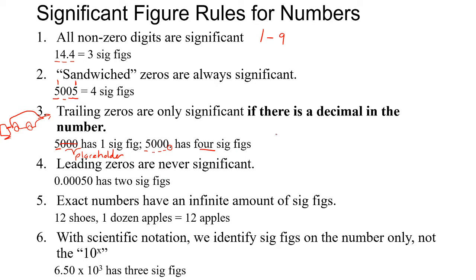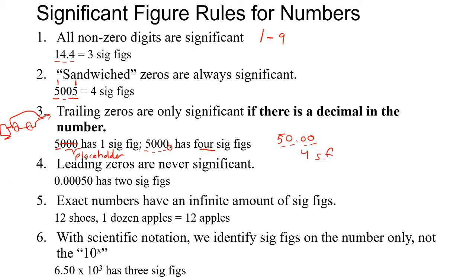Now, let's say I move the decimal somewhere in the middle, making it 50.00. How many sig figs are here? Again, it's still 4. The decimal can be anywhere in the number. As long as it's somewhere in the number, the zeros that trail at the back end are significant. So all 4 of these are significant.